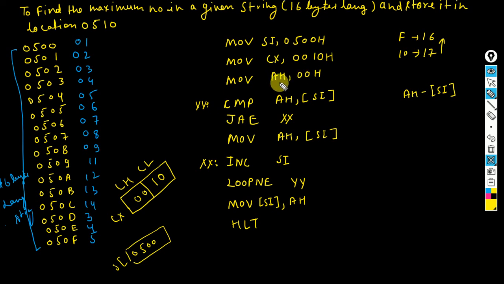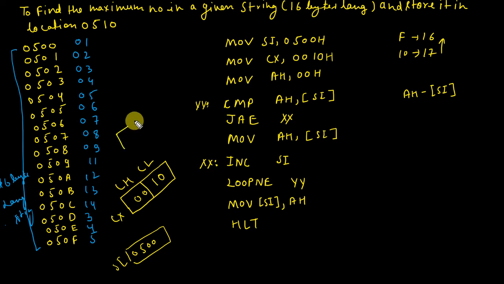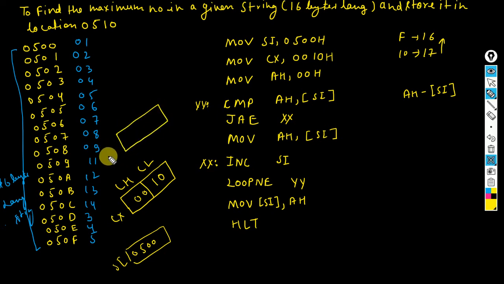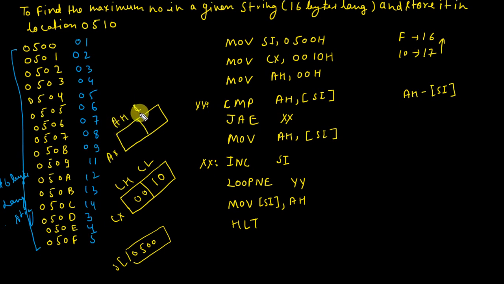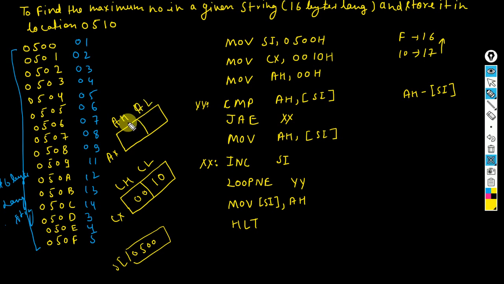Next instruction is MOV AH, 00H. It means your general purpose register AX has AH and AL. Your AH register data is replaced by 00 value. Next instruction is CMP AH, SI.